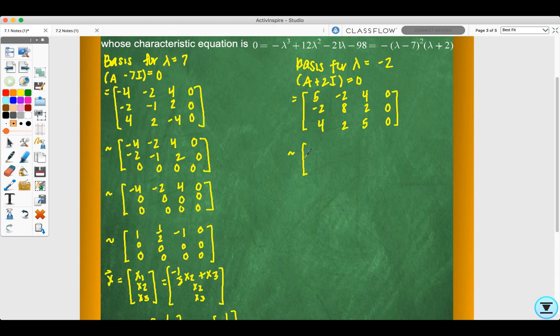So the first thing that I did is I added row 1 to row 3, and row 3 to row 1 to get 9, 0, 9, 0. And then I added negative row 1 to row 3 to get zeros, and divided row 1 by 9 and row 2 by 2.